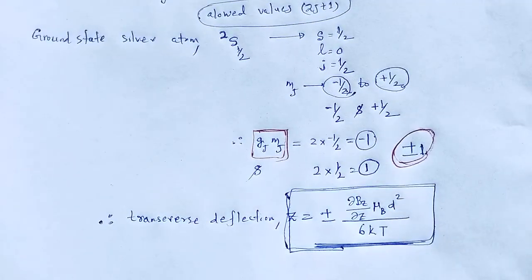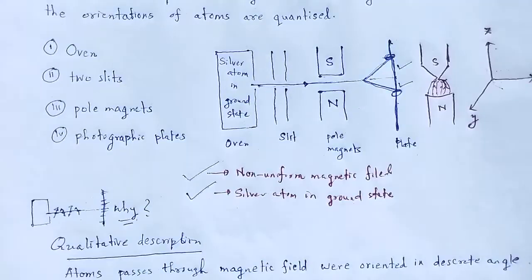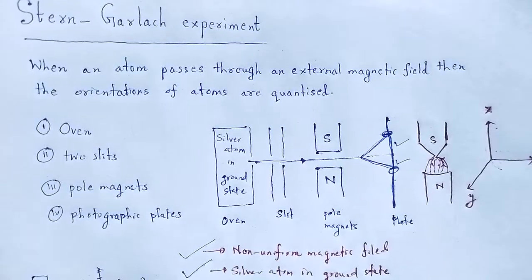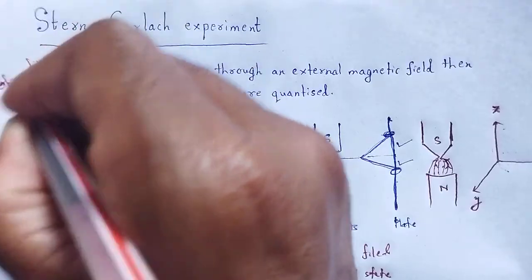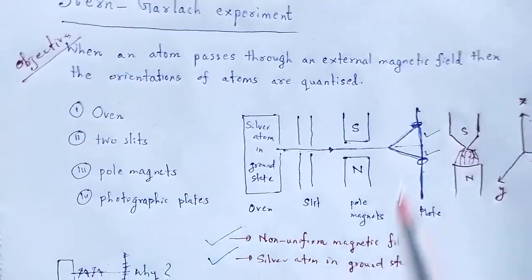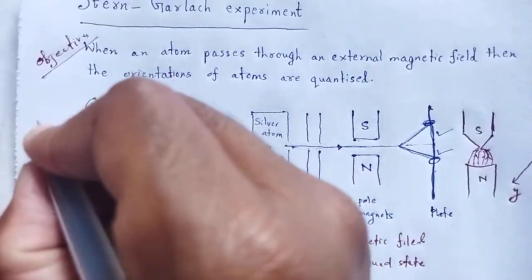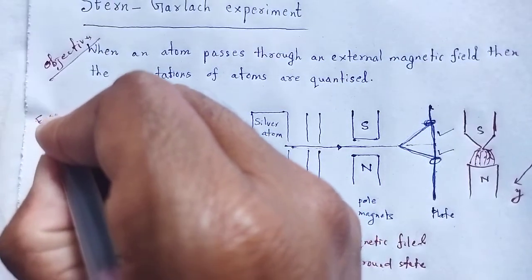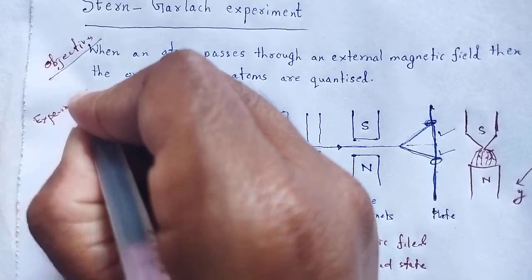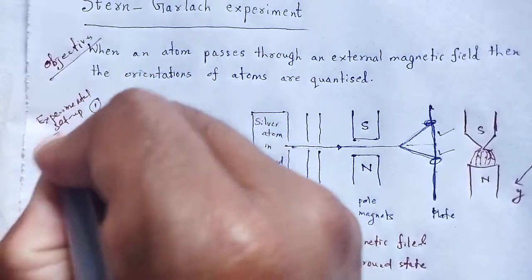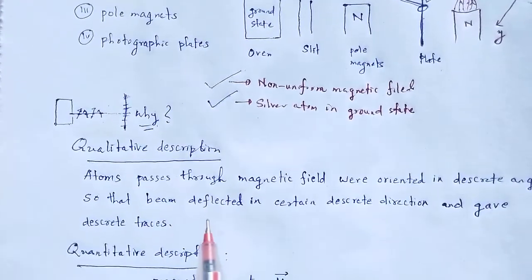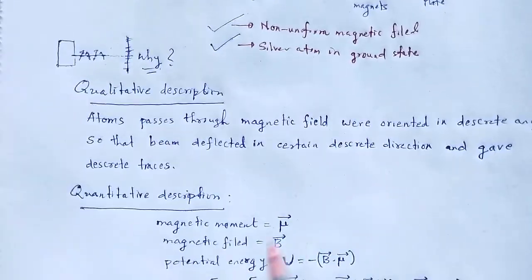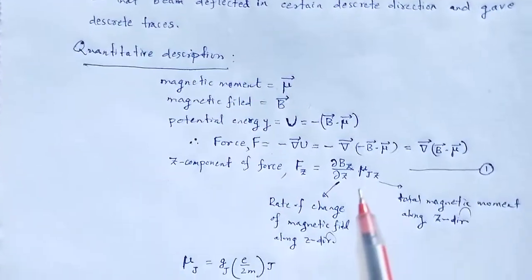So, with the help of this video lecture we understand what the Stern-Gerlach experiment is. These are the objectives of the Stern-Gerlach experiment, and this is the experimental setup, and we explain it in terms of qualitative description and quantitative description.